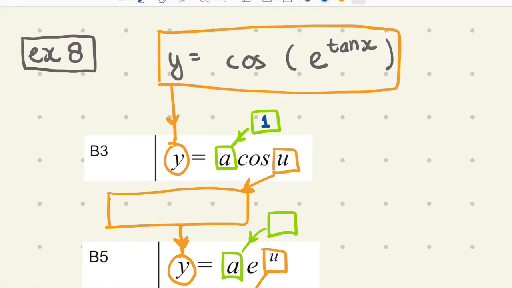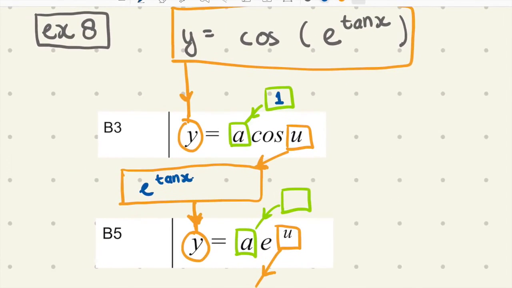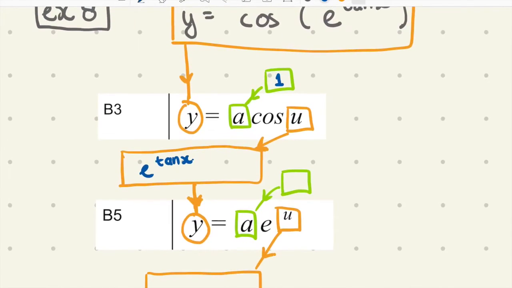U is e power tangent x. If you replace A with 1 and U with e power tangent x, you're going to get the equation from the question. Then that U, which is e power tangent x, becomes y on formula B5.